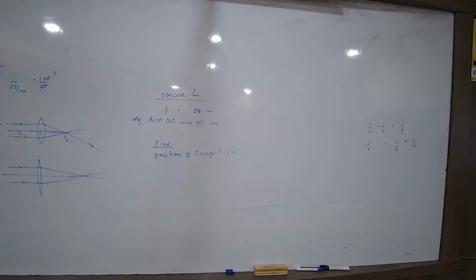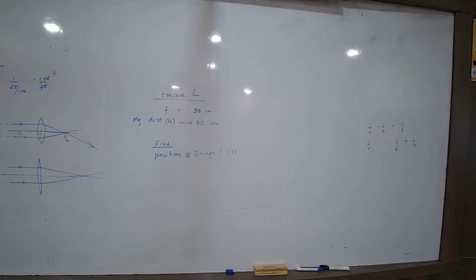Yes, it is negative. V is equal to 22.5. Very good. Positive or negative? It should be negative. Even otherwise, in your sum also, you will get it as negative.